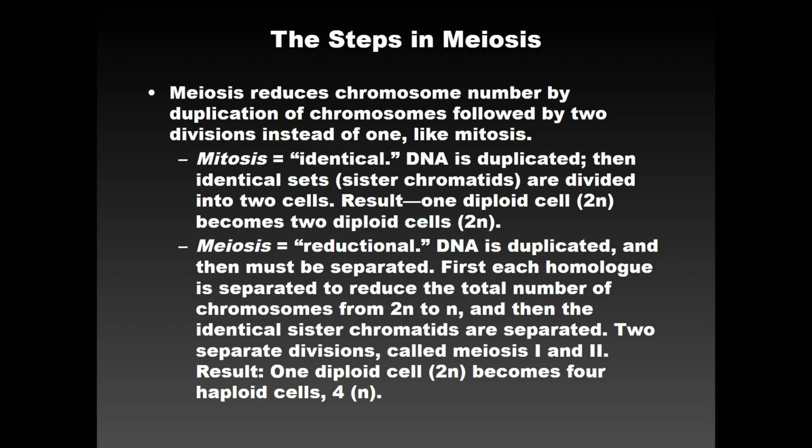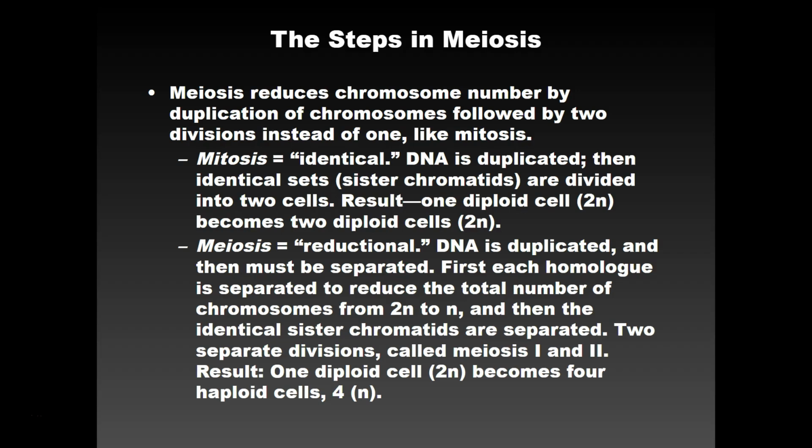So if you're not just memorizing things, it's not that big of a deal. In mitosis, and you're going to see a lot of comparing and contrasting of mitosis and meiosis, identical DNA is duplicated. You wind up with 2 sister cells that are identical to one another. They have the same ploidy number. They're both diploid, 2N.